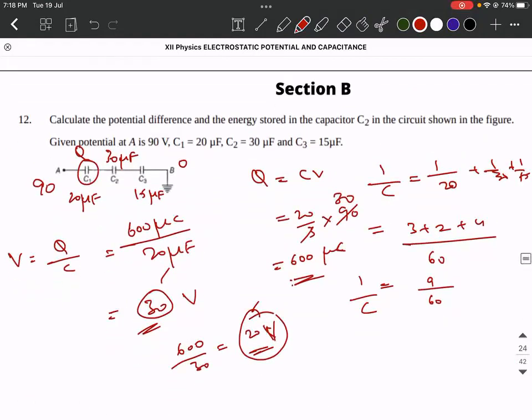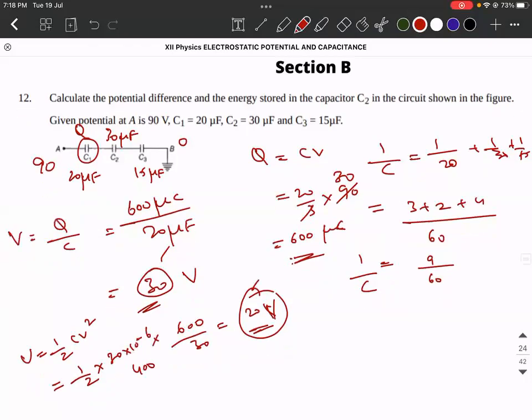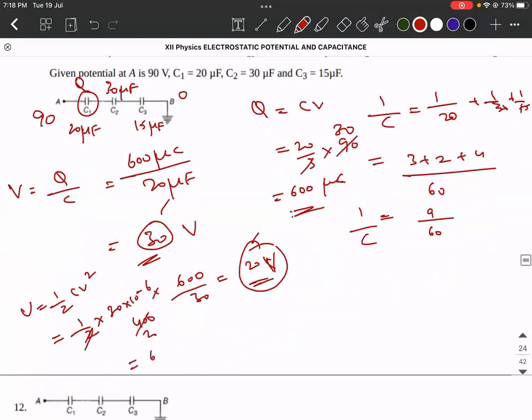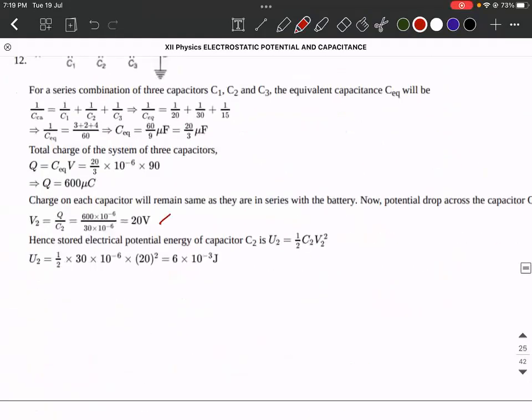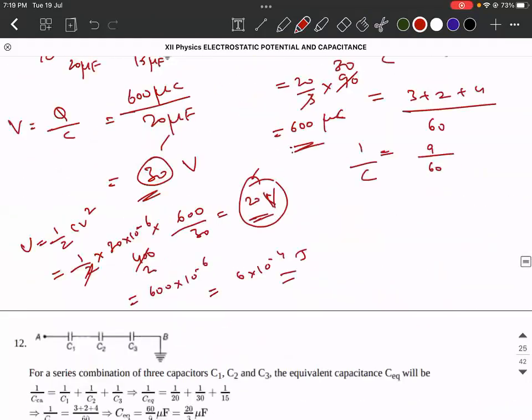Energy you can find, no? U is equal to half CV square.